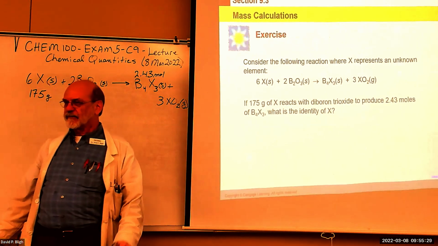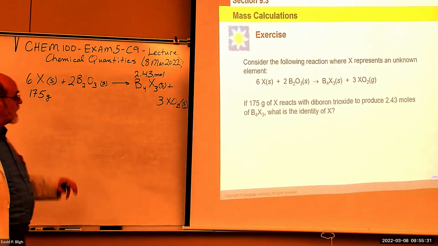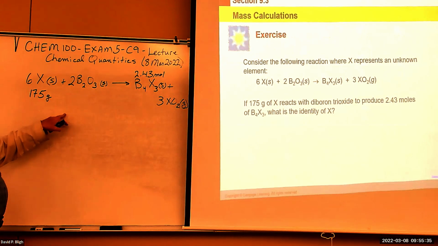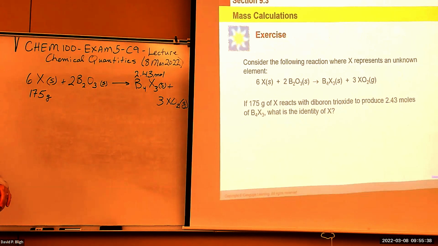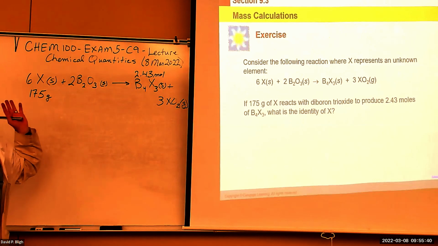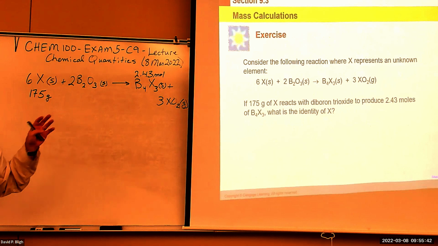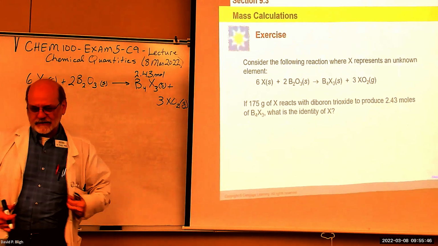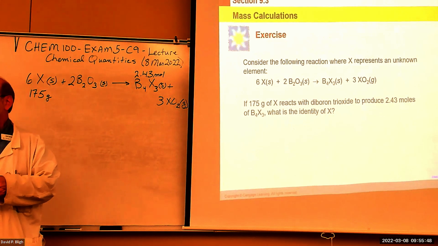There's your element. But then you ask yourself, do we have enough information here to tell us that? No, because that's the number of protons. We're not given any subatomic information here. We're given atomic, molecular information.